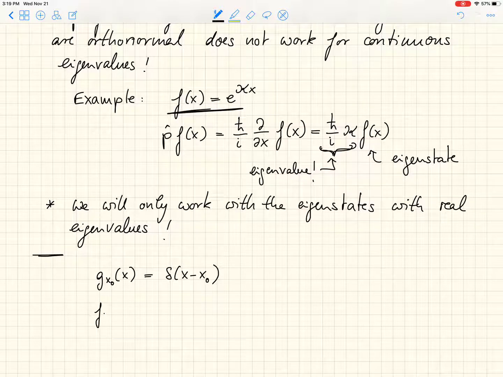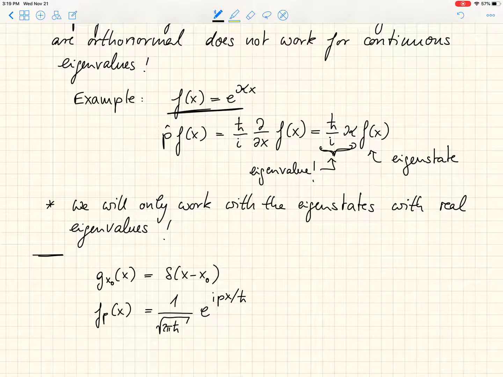We have seen that the eigenstates to the momentum operator in real space are given by 1 over the square root of 2 pi h bar, e to the i p x divided by h bar.